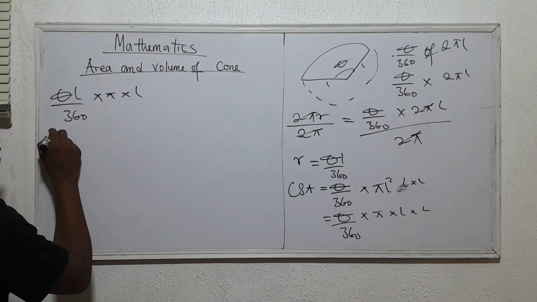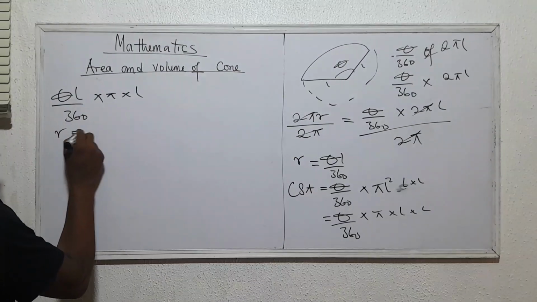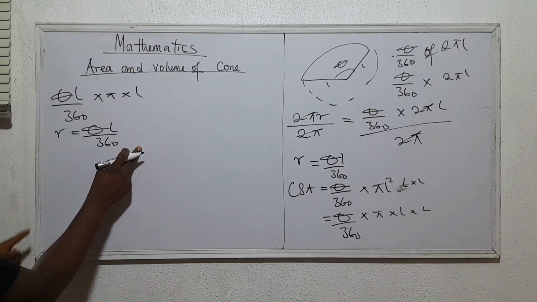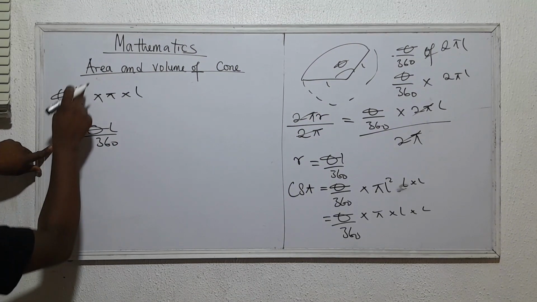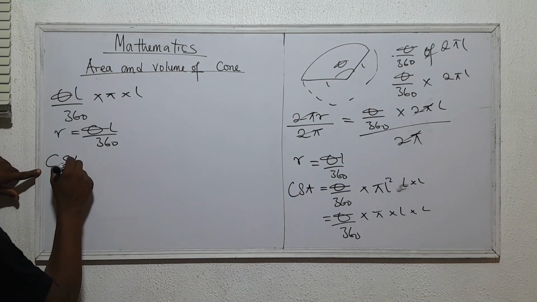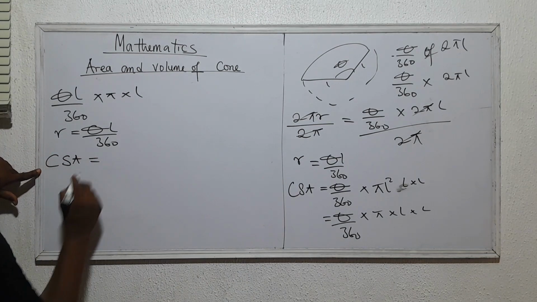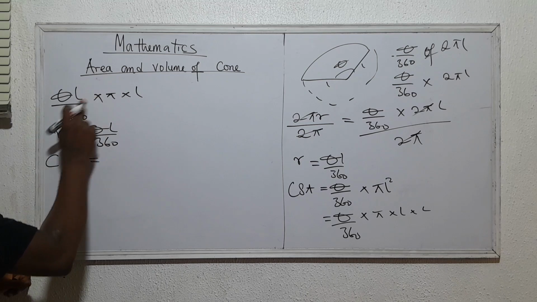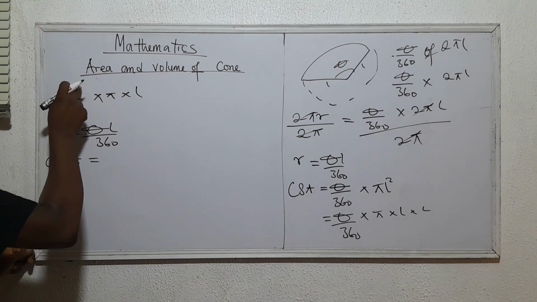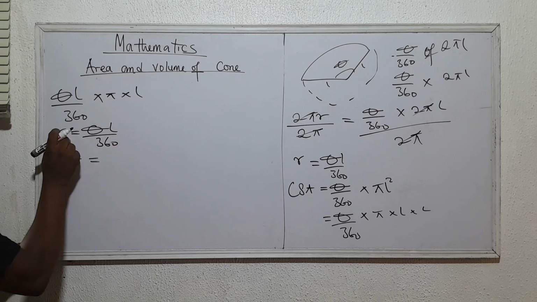Now recall that our radius R is equal to theta L over 360. We solve for R in the original formula, so that the curved surface area of the cone is theta L over 360 times pi times L, where theta L over 360 is the radius.